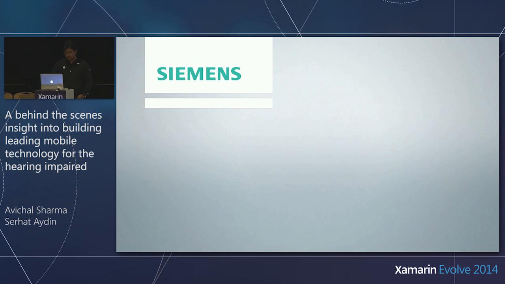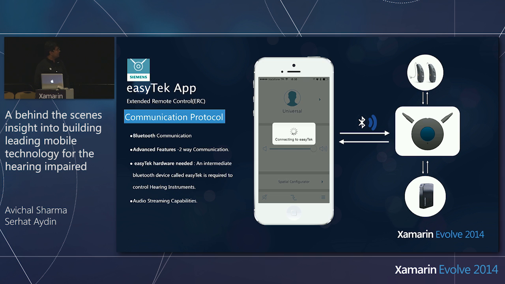So the second app in the sequence, the much more advanced app, which uses the Bluetooth protocol, is called the easyTek app. We also call it the extended remote control because it actually extends the features of the touch control app. So in this kind of app, you have a two-way communication.